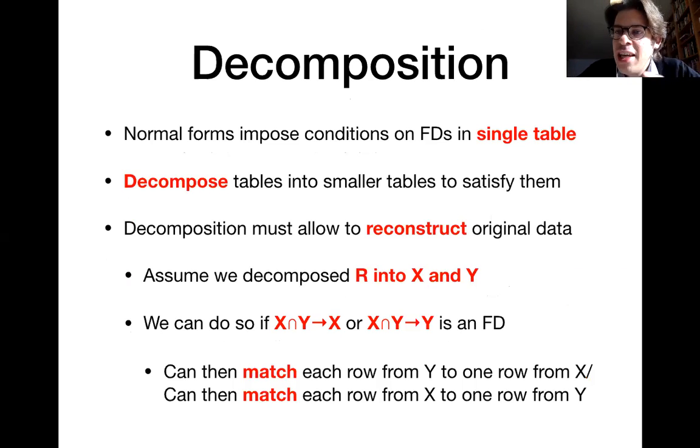So if we keep decomposing those tables, then we have to worry about fewer and fewer functional dependencies. We want to be careful when decomposing those tables, because we want to decompose them in a way such that we can still reconstruct the original data. This is what we call a lossless decomposition.